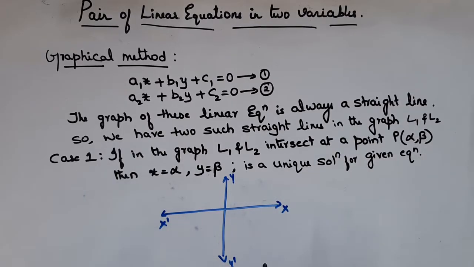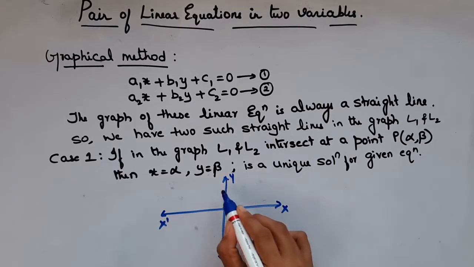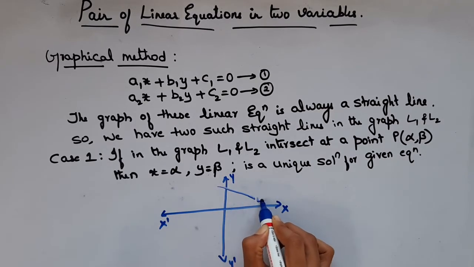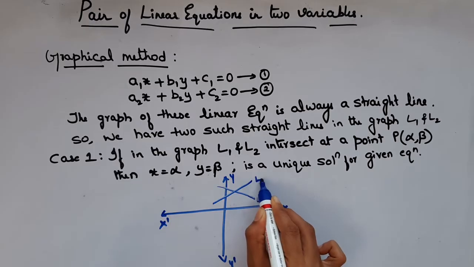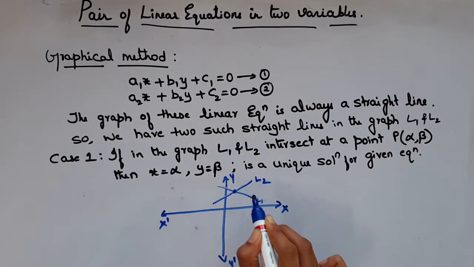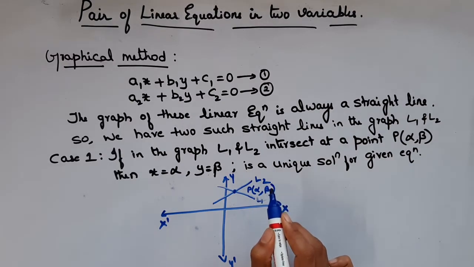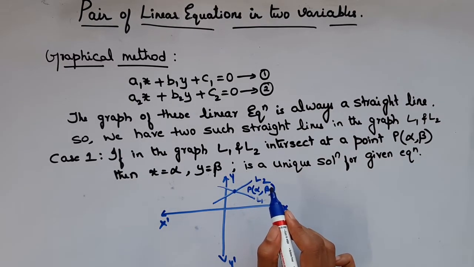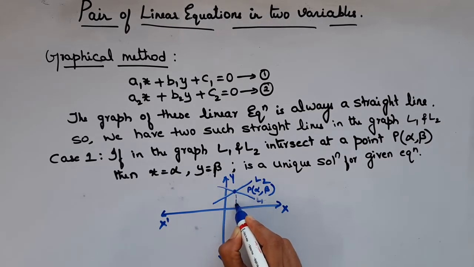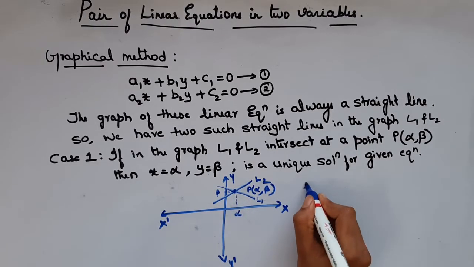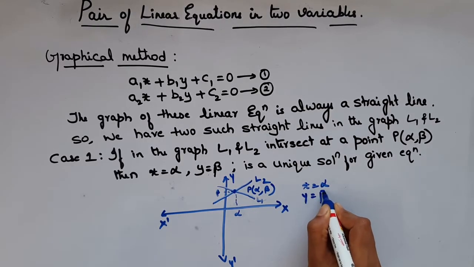If L1 and L2 intersect at a particular point, P of alpha comma beta, then there is a unique solution for the given system of equations. That means the value of x is alpha and the value of y is beta.